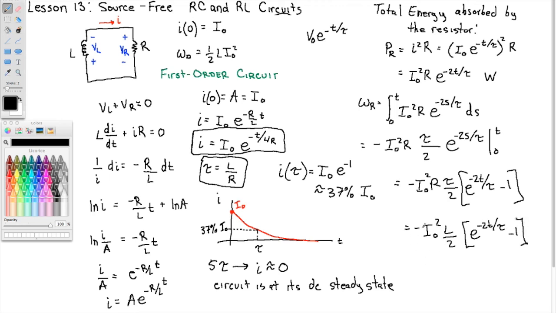And if I distribute the negative inside, and I rearrange this a little bit, I get this. This is the total energy at time t that the resistor has absorbed. So as I let time go on, this goes to 0, and I get 1/2 L I0 squared. That's exactly the energy that the inductor started with.